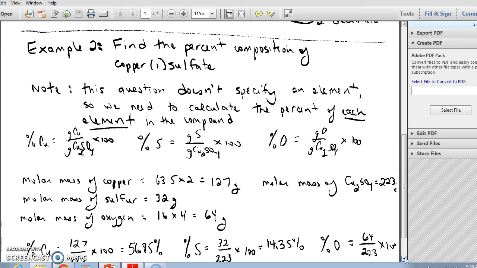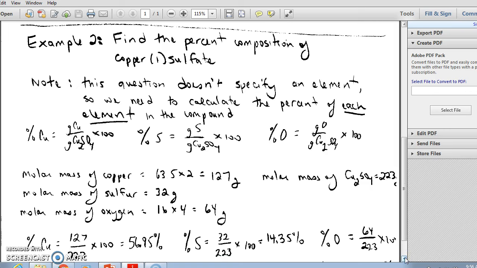So the molar mass of copper is 2 times 63.5 because there are 2 atoms of copper in every 1 mole of copper 1 sulfate. Molar mass of sulfur is 32. Molar mass of oxygen is 16 times 4 because of the subscript of 4 in the formula.